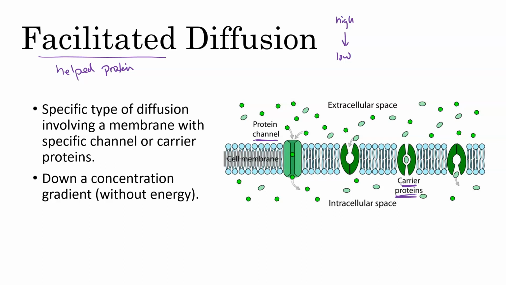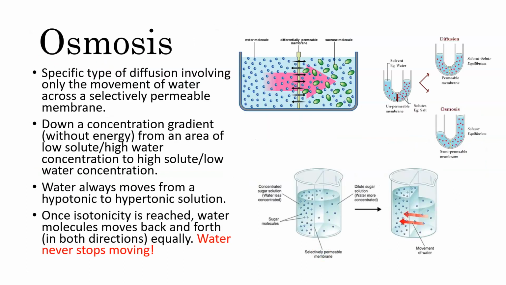But again, they are carrying the molecules, they are not pumping. I shouldn't say pump. Pump is more indicative of an active transport mechanism. But you can see in this image there are two specific types of these intrinsic proteins as we move materials from a high to low concentration. Okay, but the key is we are moving materials down a concentration gradient without energy from an area of high to an area of low concentration.